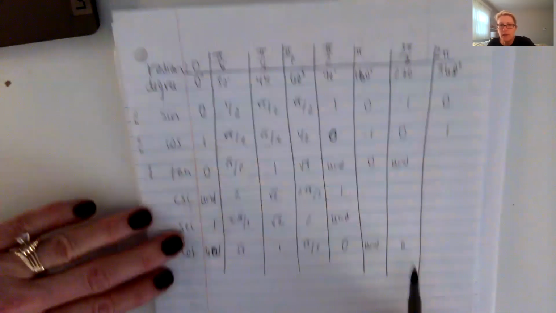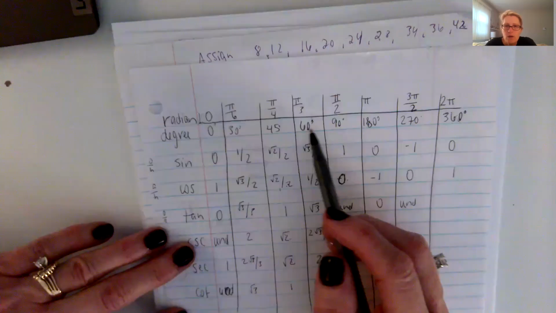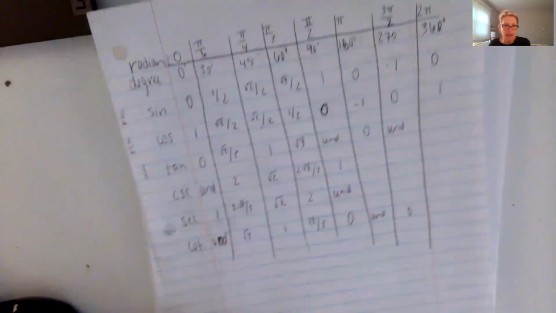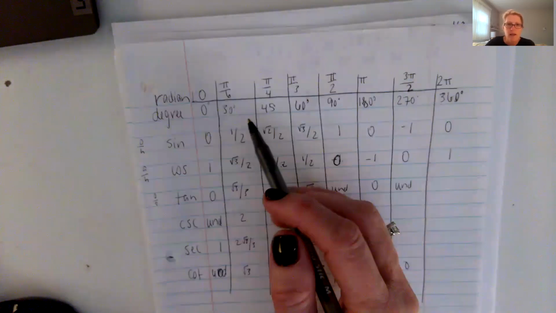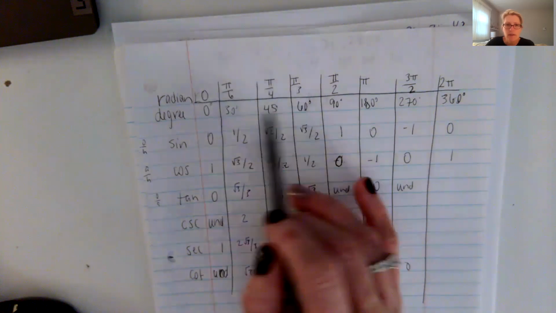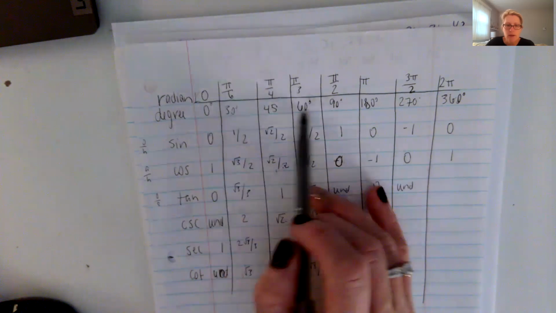Remember, I said I've been filling in my table. Cofunction angles and identities mean that if the angles add to 90, so let's say we have angle 30 and angle 60, pi over 6 and pi over 3, right here and right here.